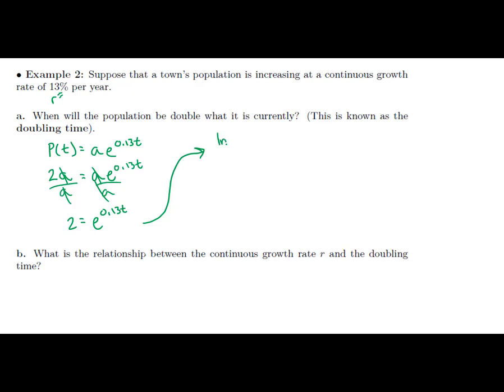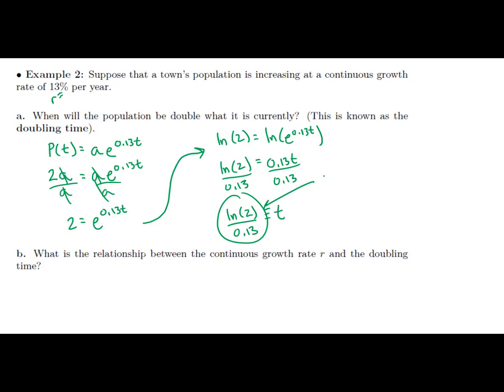So this is the natural log of 2 is equal to the natural log of e to the 0.13 t. But that is just the natural log of 2 is equal to 0.13 t. And we can get t by itself. So the natural log of 2 over 0.13 is equal to t. So that's our doubling time right there.